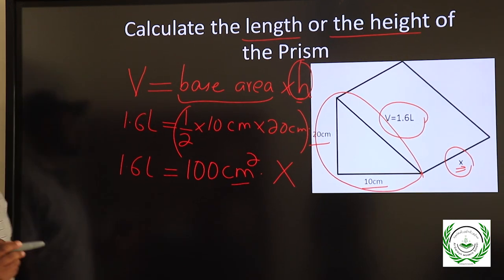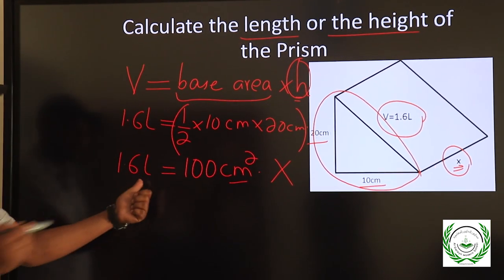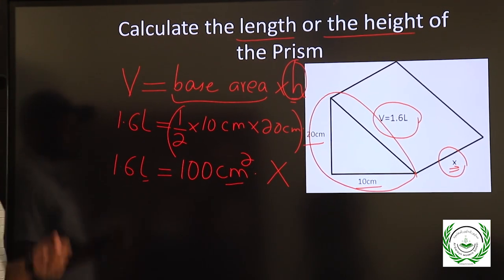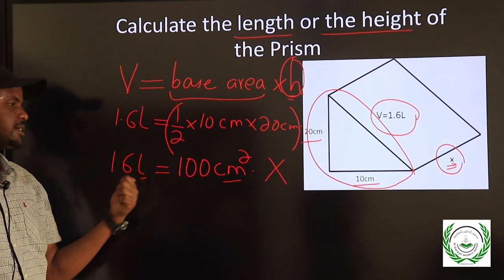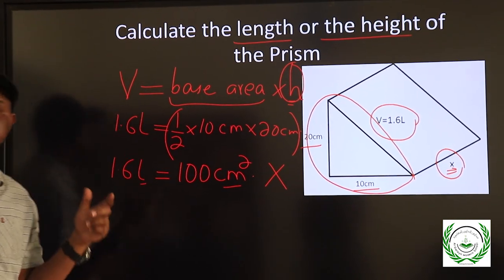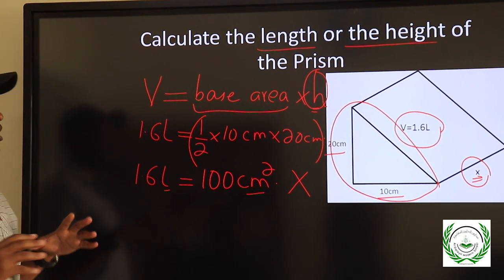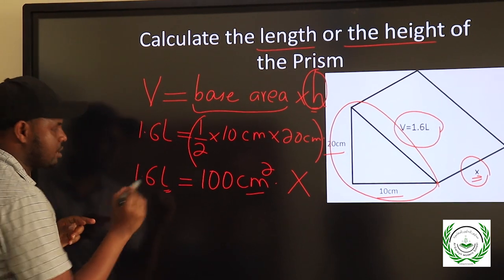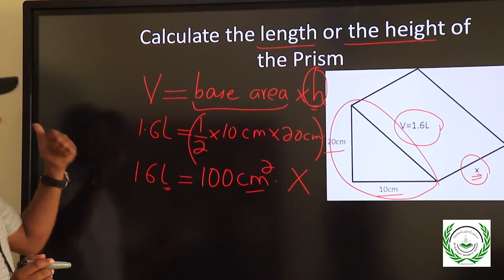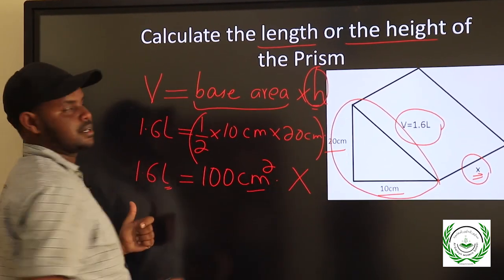Here we have square centimeter and this is liter. So we have to change this unit because different units cannot be divided together. So we have to change liters into cubic centimeter.